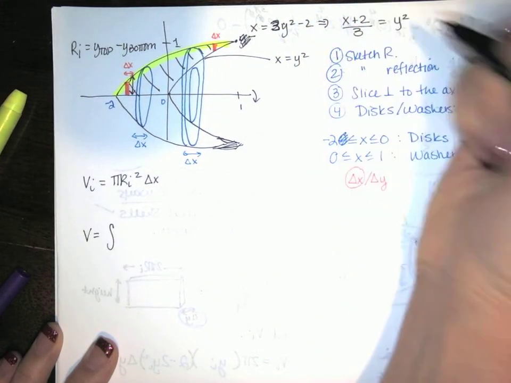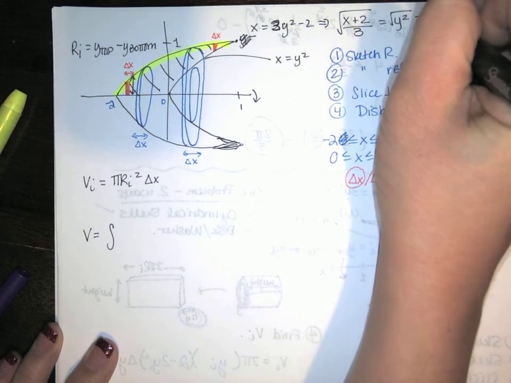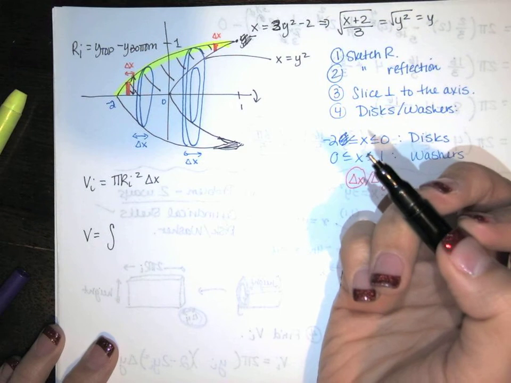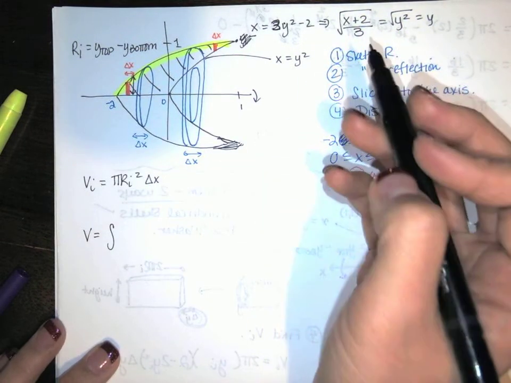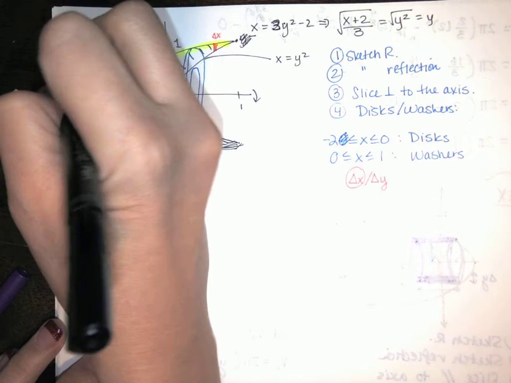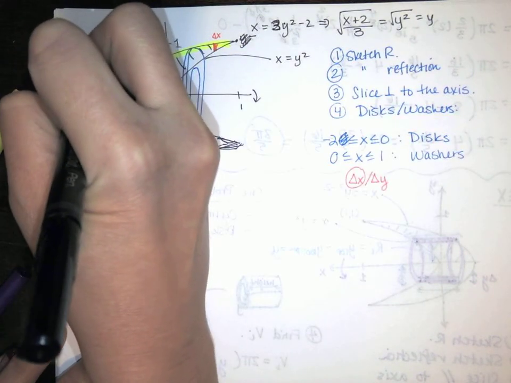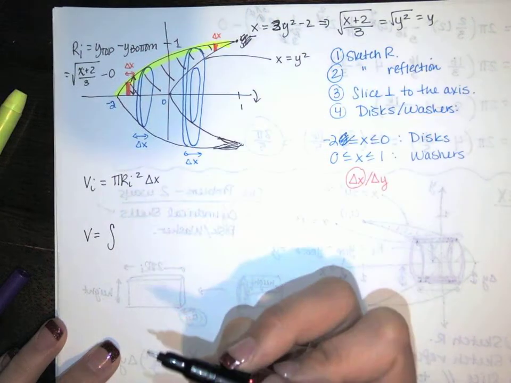That gets you y squared. Take the square root, and y is positive on this piece. So it's just going to be the positive square root. So the top y value is just this square root of (x_i plus 2) over 3. And the bottom y value, that's y equals 0.